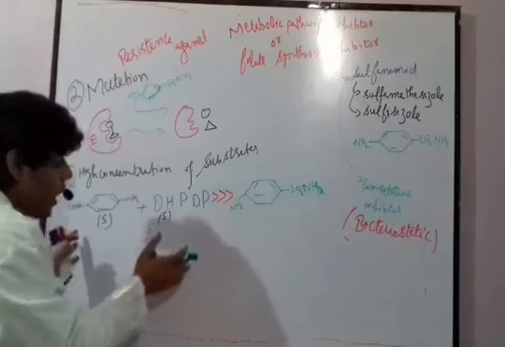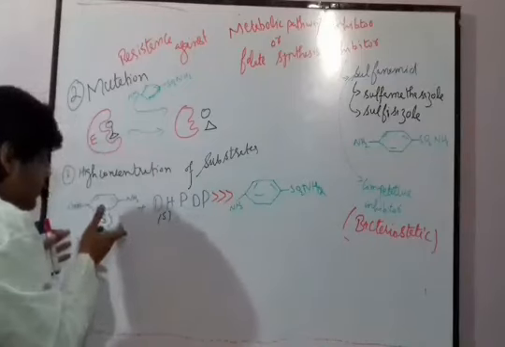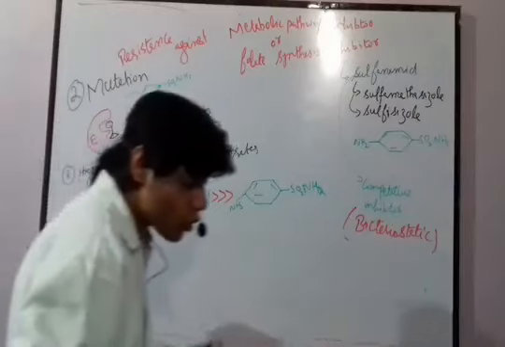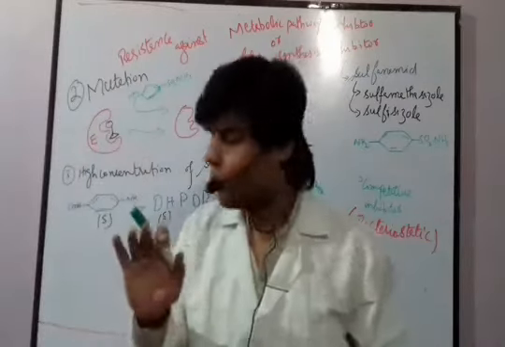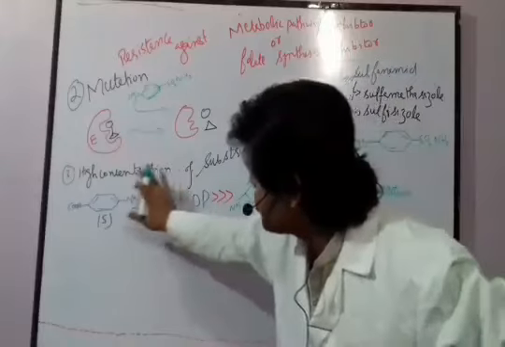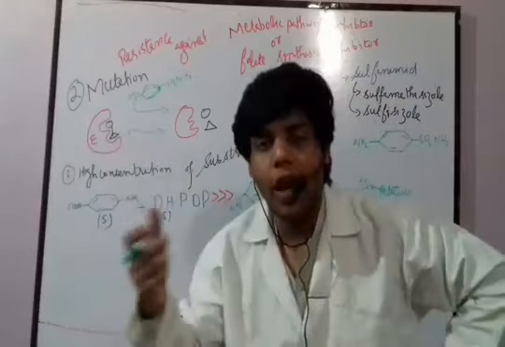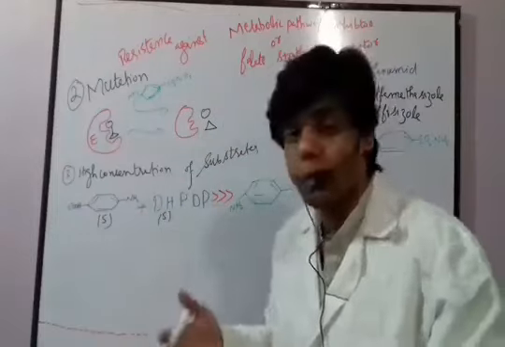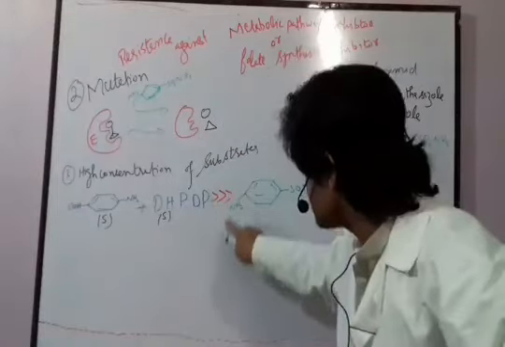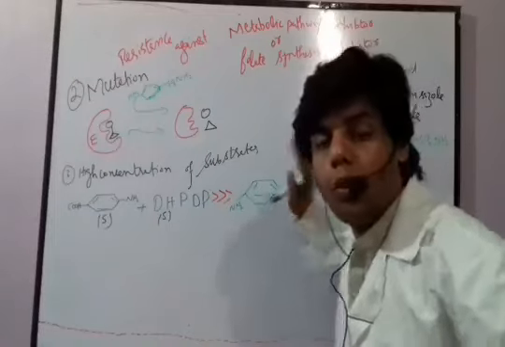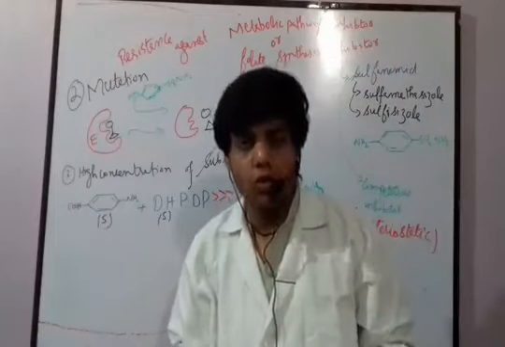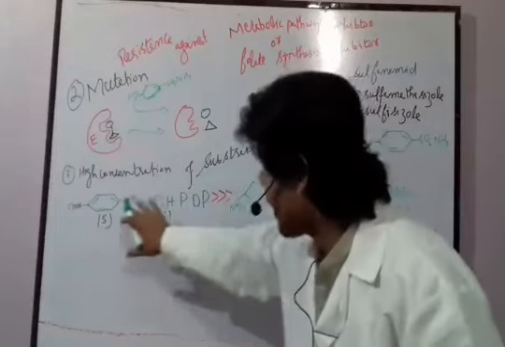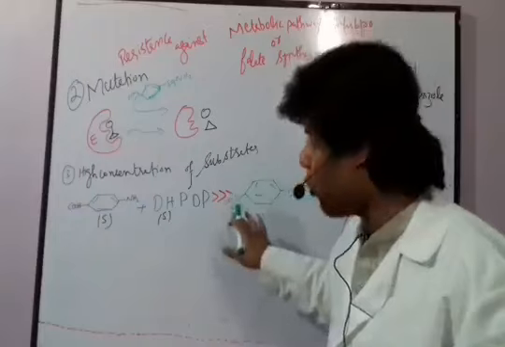Why? Because there is a high number of these substrates, PABA and dihydropteridine diphosphate. So what actually happened in the second case, let me say once again: the bacteria produce these substrates in a very high amount, so a high concentration of substrates occurs. Due to this, the drug's concentration will be low in number. Why? Because the substrates are high, so the drug will automatically be in a low amount.